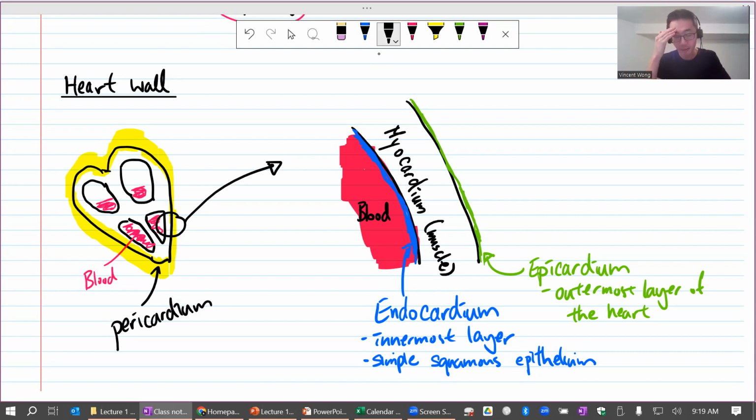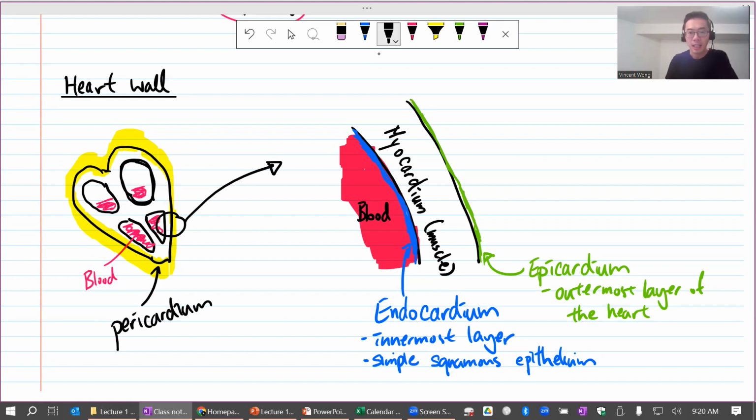Is the pericardium among the four chambers of the heart? It's outside, it surrounds the whole heart. No, this is the chamber. The chamber is inside the heart. So this is not entirely accurate, but think of having a heart model, and then you put it inside a Ziploc bag, and then you put it inside another Ziploc bag. So you have two layers, right?